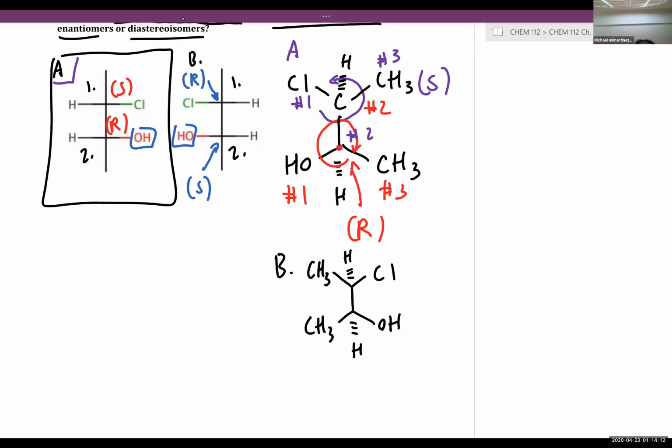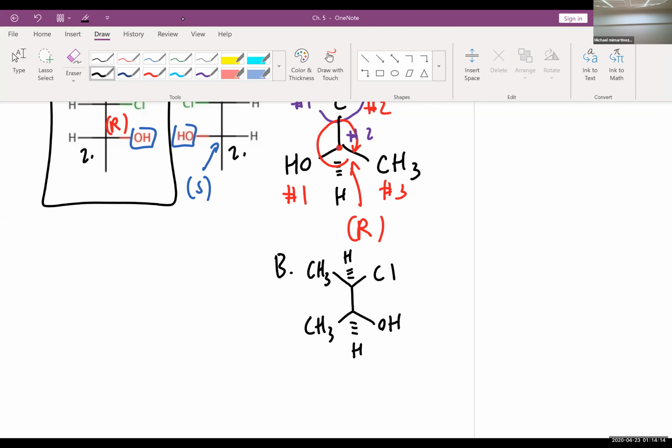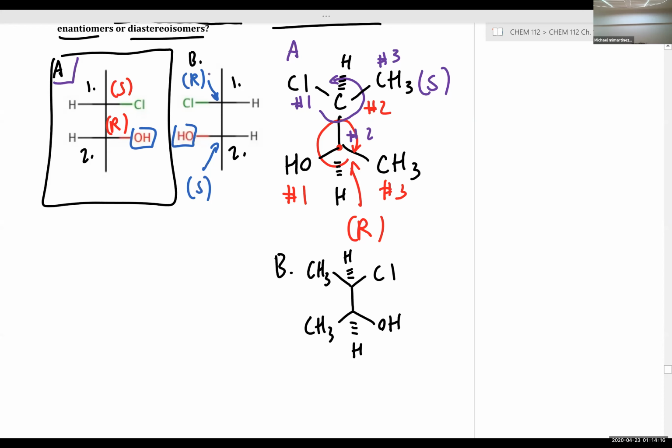Okay, let's now assign priority. It doesn't matter what substituents you flip. If you change the relative position of any substituents, the configuration will flip, as long as those substituents are attached to the same carbon.